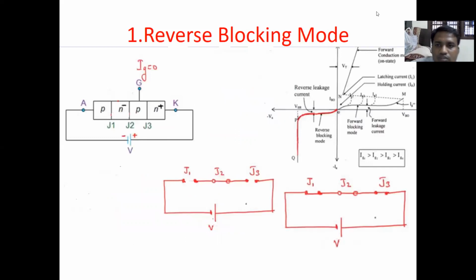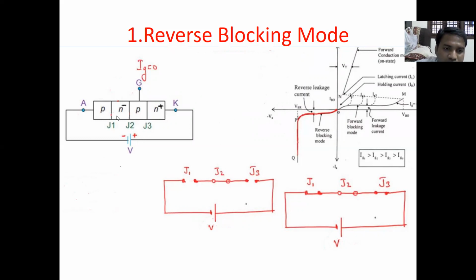Now coming to the reverse blocking mode. So what is reverse blocking mode? We know that under reverse bias a diode acts like an open circuit. Likewise, reverse bias means the P type is connected to the negative terminal and the N type is connected to the positive terminal.